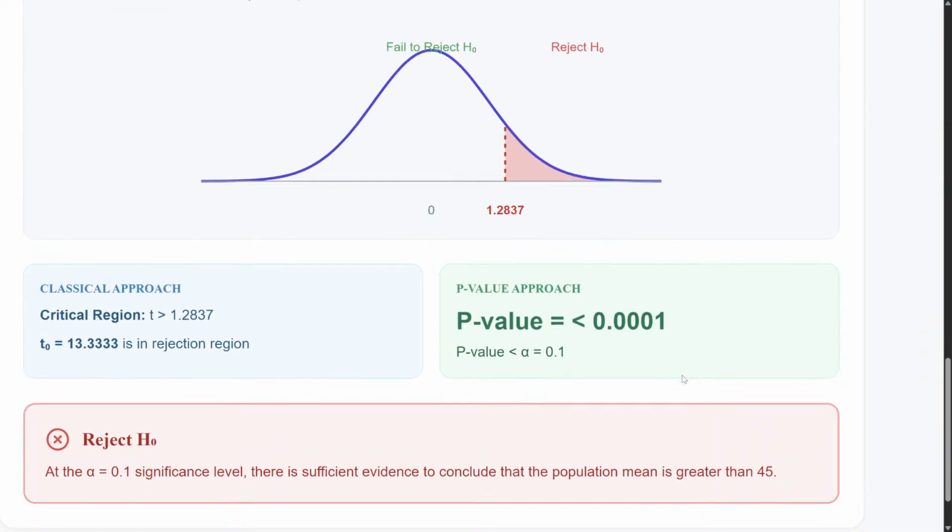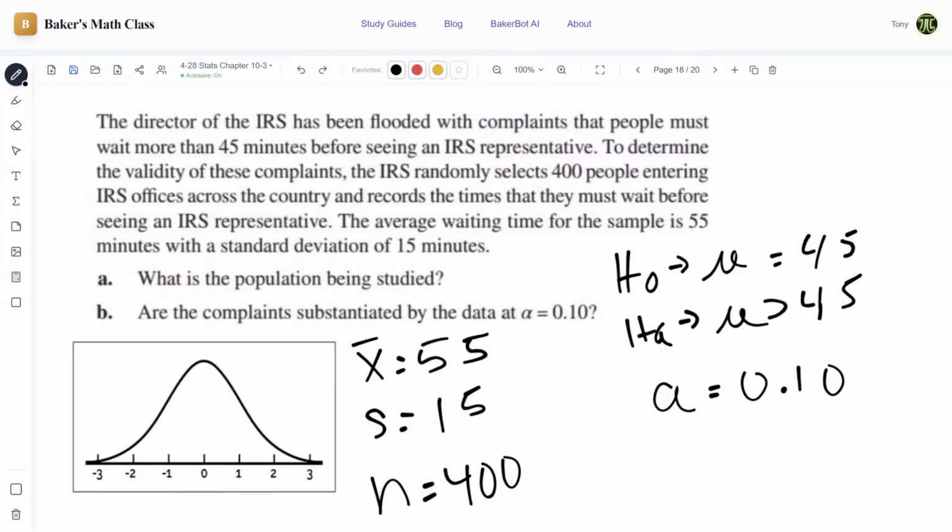So we reject. So is it statistically significant? Yes. Is it practically significant? Yes. I would say waiting an extra 10 minutes would be practically significant in this situation. So yes, this one would be both practically and statistically significant.